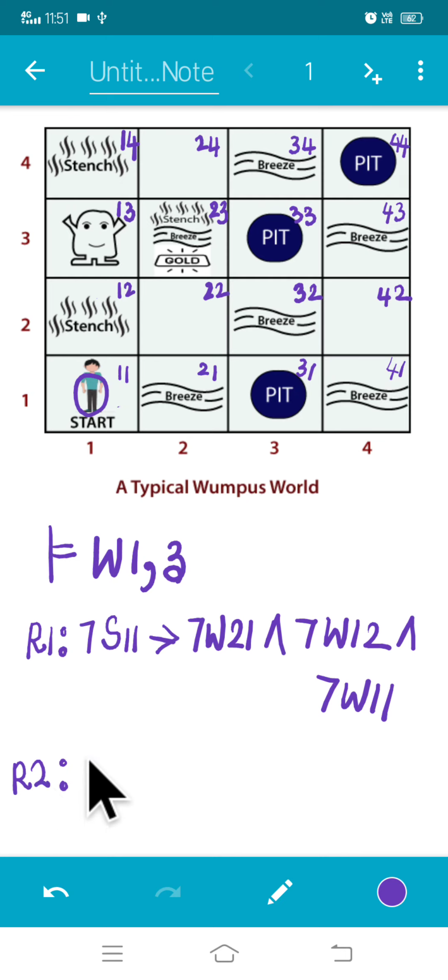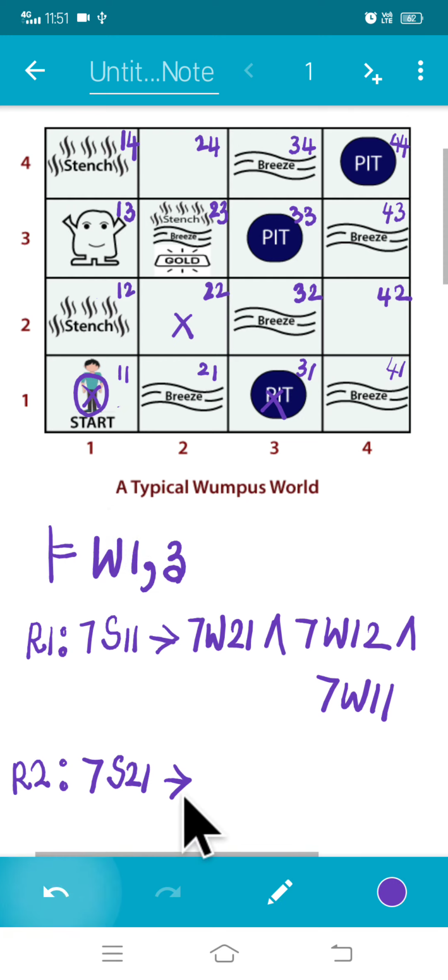So at 2 1 there is no stench smell; he feels only the breeze. So we can say negation of S 2 1, which indicates there is no stench smell in the 2 1 grid because the agent senses only breeze. So there is no stench smell in 2 1, which indicates there is no Wumpus in its adjacent cells, here or here. That is what we are going to write now.